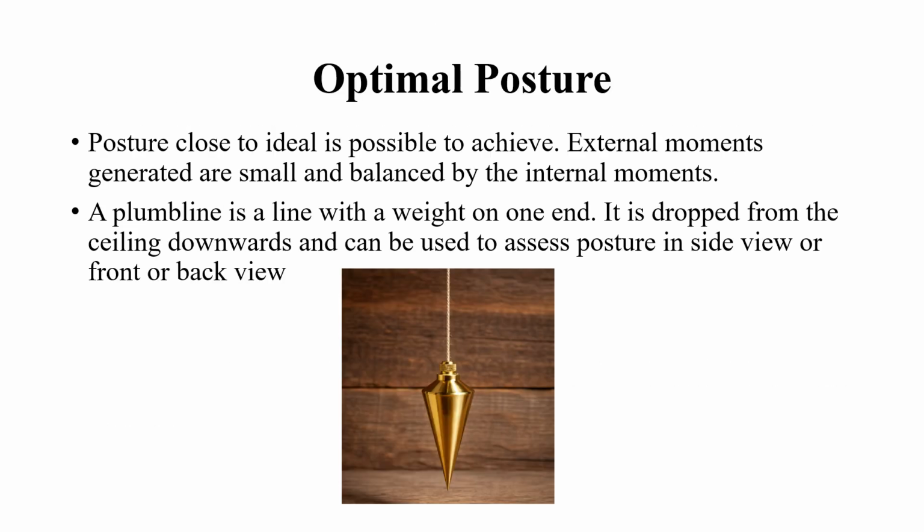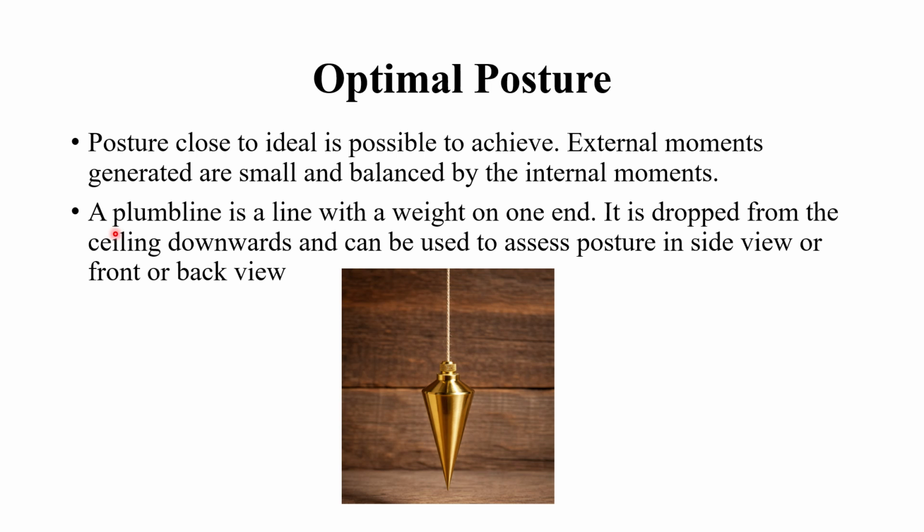So whenever we are asked to talk about optimal posture, extremely ideal postures are not possible to achieve because there's some amount of sway. There are certain external moments generated by the gravitational forces external to the body, which need to be counterbalanced by the internal muscular contraction all the time. Now there is a way in which you measure the optimal posture.